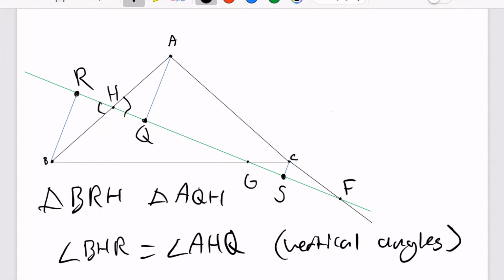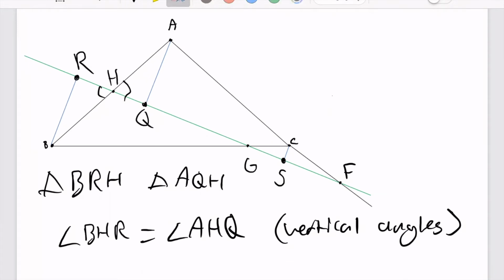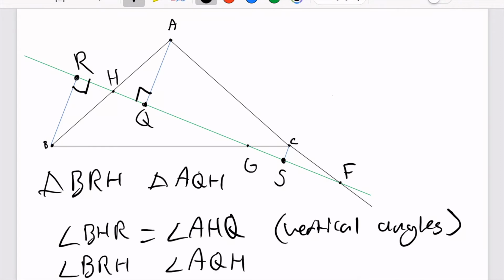All right, then we can also notice that because BR and AQ are perpendicular lines, this angle here, which is BRH, and this angle here, angle AQH, are both 90 degrees because they're perpendicular, so they're equal because they're both right angles.